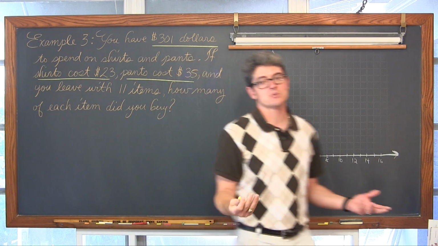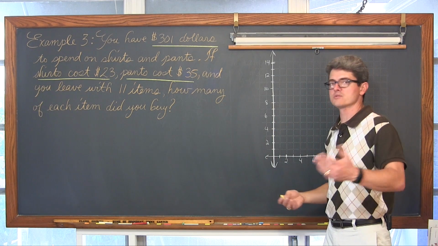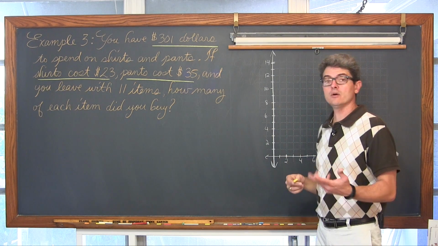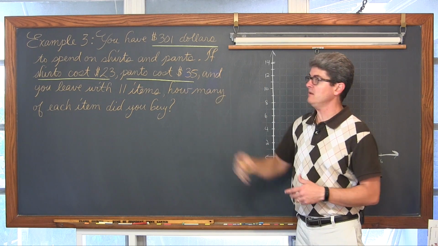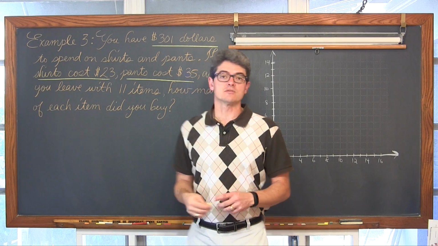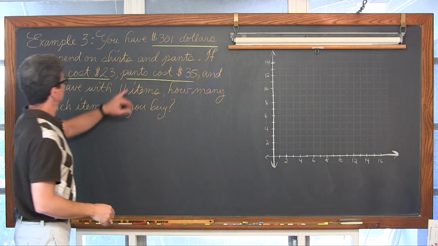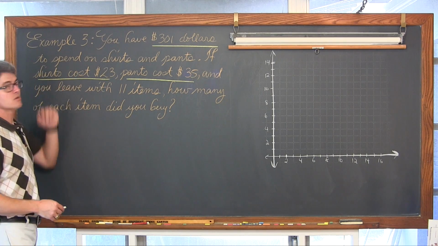What's the unknown? Because that's what a variable is. It's something, a letter generally, though you can use words too, that represents an unknown quantity. So if it's how many of each item, then we better make sure we define those variables, which is how many pairs of pants and how many shirts.